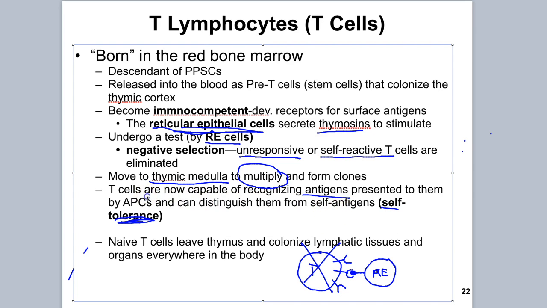Okay, we're going to talk about APCs in a minute, but for right now, we just want to know these T cells are capable of recognizing foreign antigens presented to them, and they can distinguish foreign antigens from self-antigens. This is self-tolerance. Okay, they tolerate our own host cells.